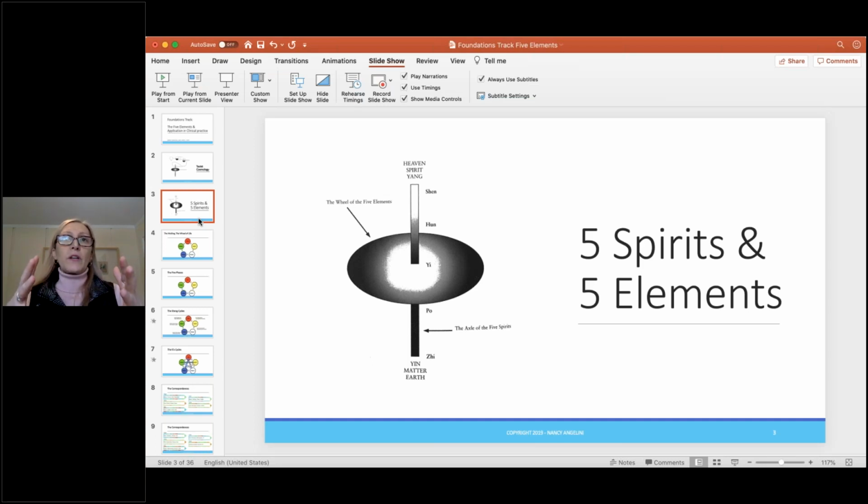So these 5 spirits will make up the 5 elements. And the 5 elements become available to us in matter and in form, in dense form, right? So these very ephemeral 5 spirits become deeper into matter as they become the 5 elements, and those 5 elements become part of us.